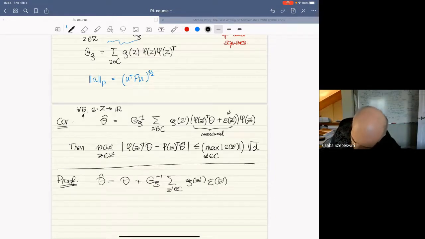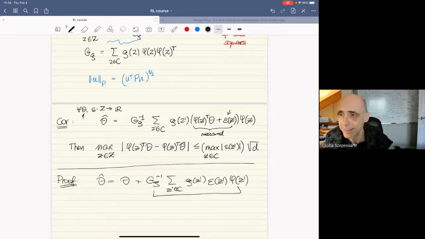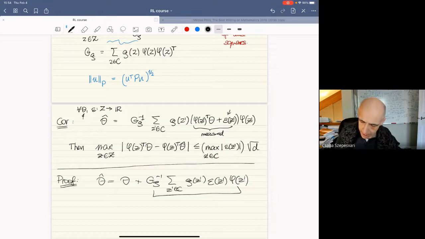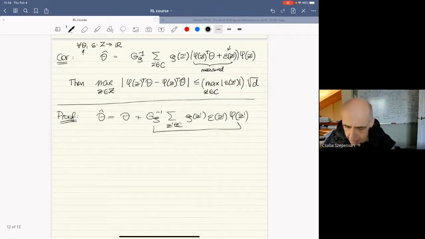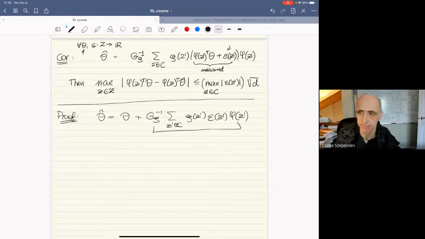So the parameter error of least squares is simply the least squares run just on the errors. So this would be the least squares solution if the inputs to the least squares, the targets, would be just the errors. It's just algebra.